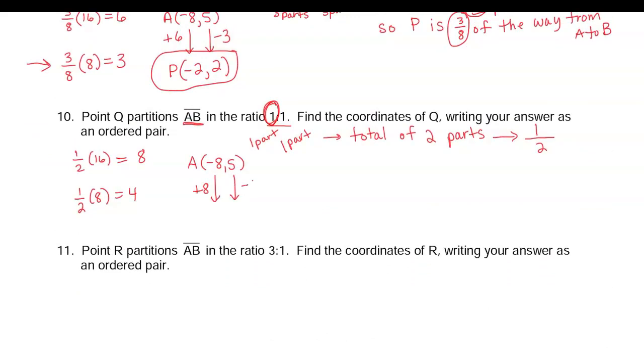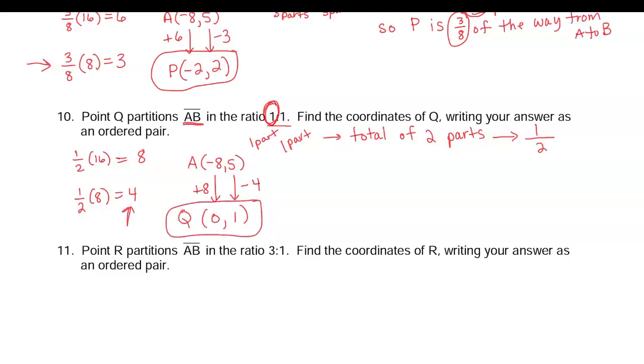So we're going to subtract the 4 from 5. See the 4 we got here? We're going to subtract it from 5 because we're going down from A to B. Okay, -8 plus 8 is 0, and 5 minus 4 is 1. So point Q's coordinates are 0, 1.